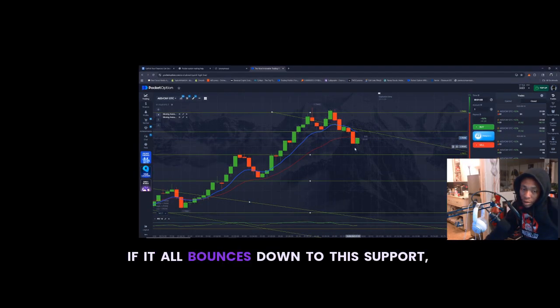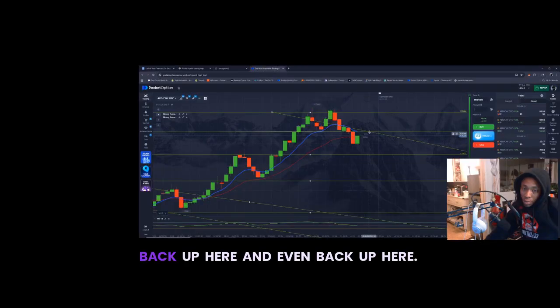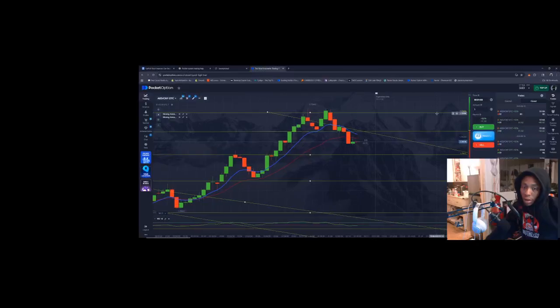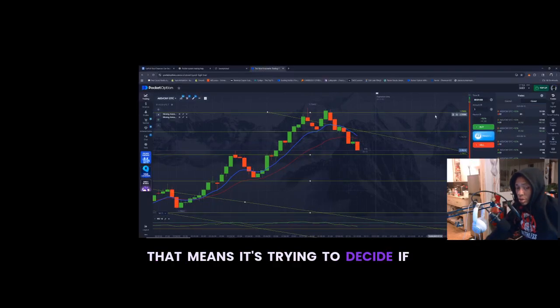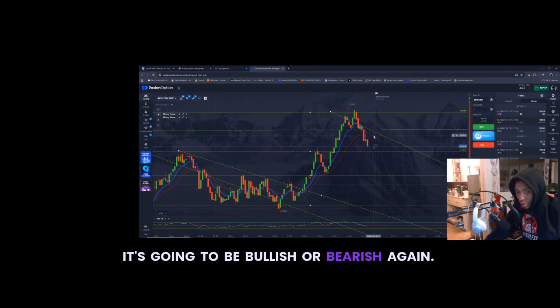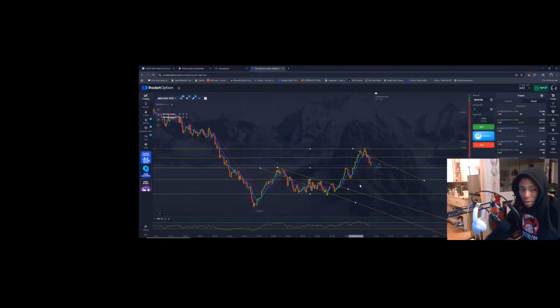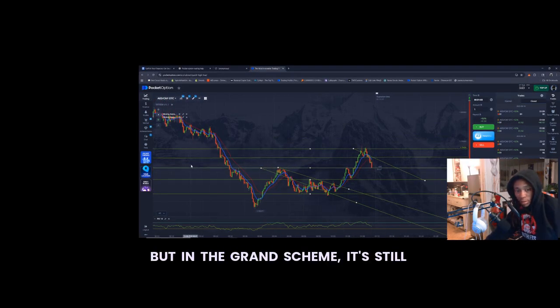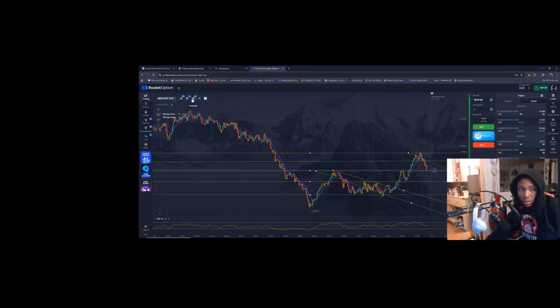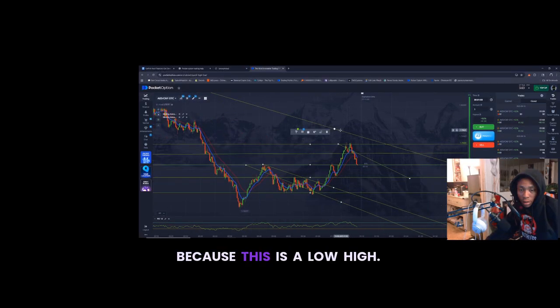If it bounces down to this support, back up here, and even back up here, down here, that means it's trying to decide if it's going to be bullish or bearish again. But in the grand scheme, it's still a downward trend, because this is a lower high.